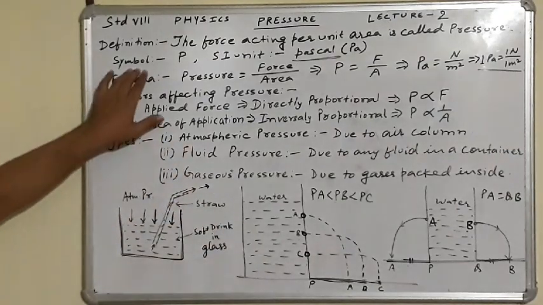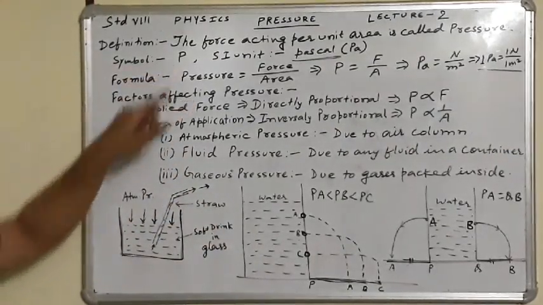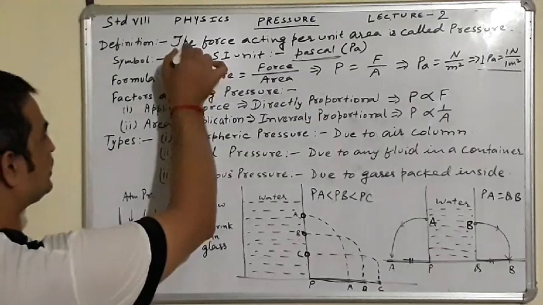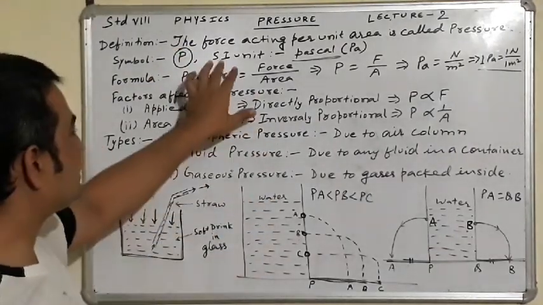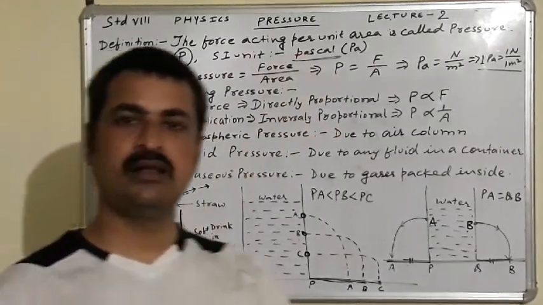Look at this place. Symbol is P. Pressure is denoted by P. Its SI unit is Pascal.